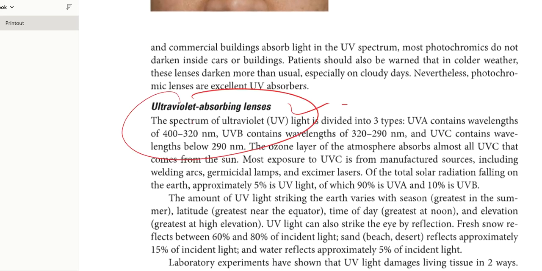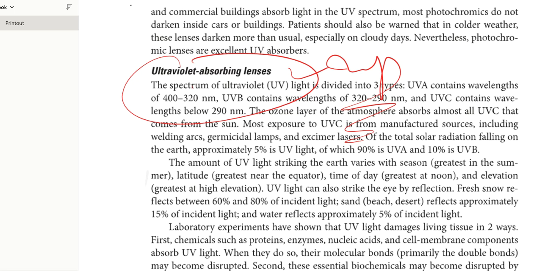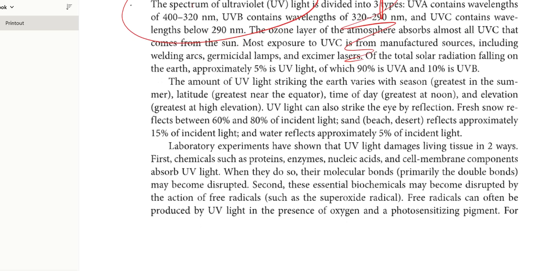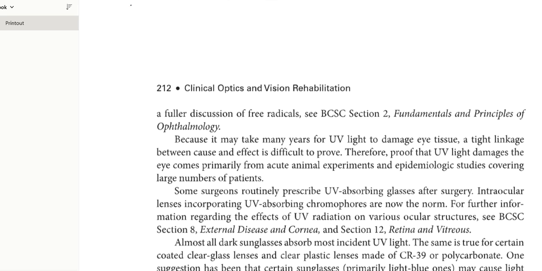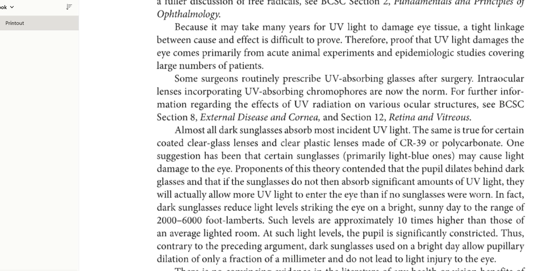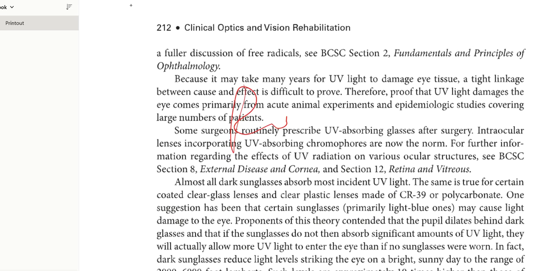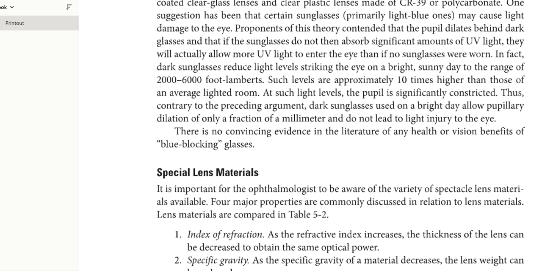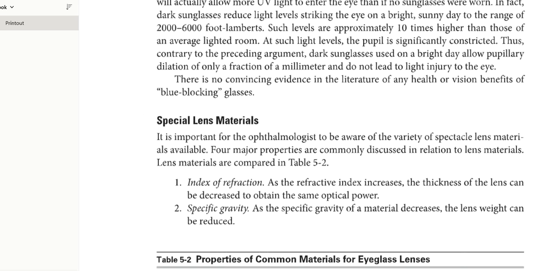Ultraviolet lenses, important. Just give a ring to this page. This is very important.